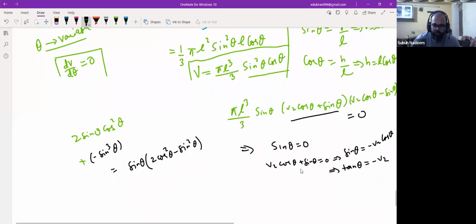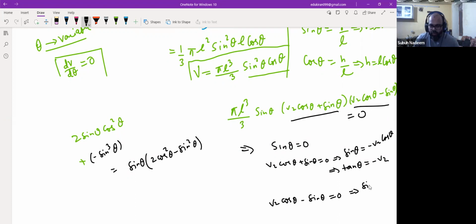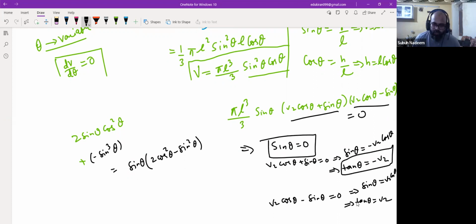And if you take the third one as 0, root 2 cos theta minus sine theta is equal to 0, so sine theta is equal to root 2 cos theta, so tan theta is equal to plus root 2. So one solution is sine theta 0, another is tan theta equal to minus root 2, another is tan theta equal to root 2.